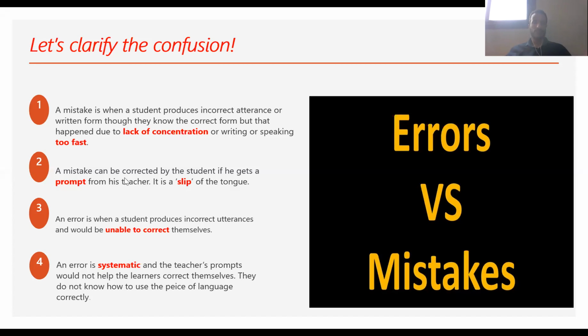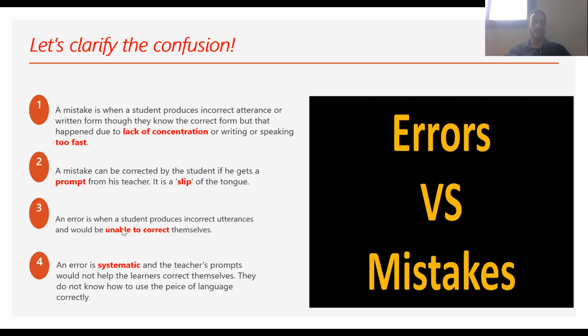For example, the student is going to say, I play tennis yesterday. And the teacher is going to prompt the student, I play, this is a prompt helping the student. Then the student knows that there is a problem with the play. So, I played tennis. Good.